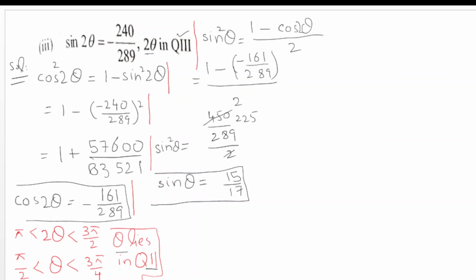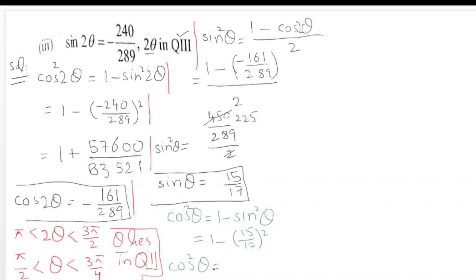Now we will move toward the next part, that is cos theta. We know that cos square theta will be equal to 1 minus sine square theta. Okay, so just put the value of sine theta, that is 15 by 17 the square. Okay, so now 15 by 17. So I will solve it directly over here.